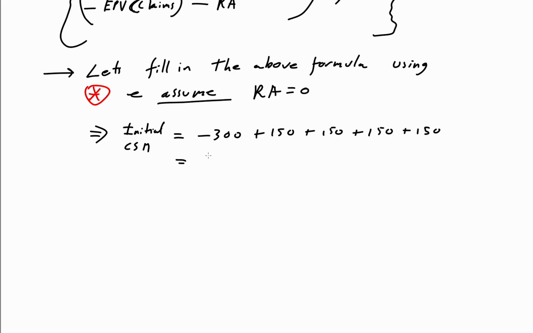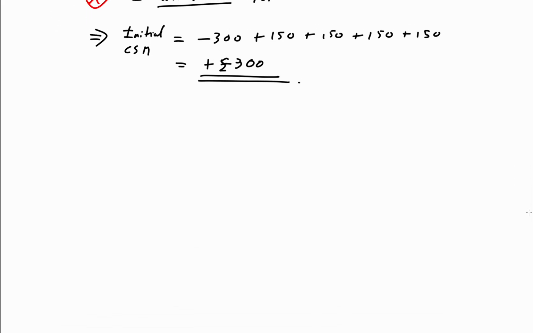So this is equal to plus, my currency is pounds, so plus 300 pounds. So this is nothing to do with profit yet, almost. This is just the amount of CSM liability that goes into the balance sheet for a particular product, well, a single contract in this case, at time 0.